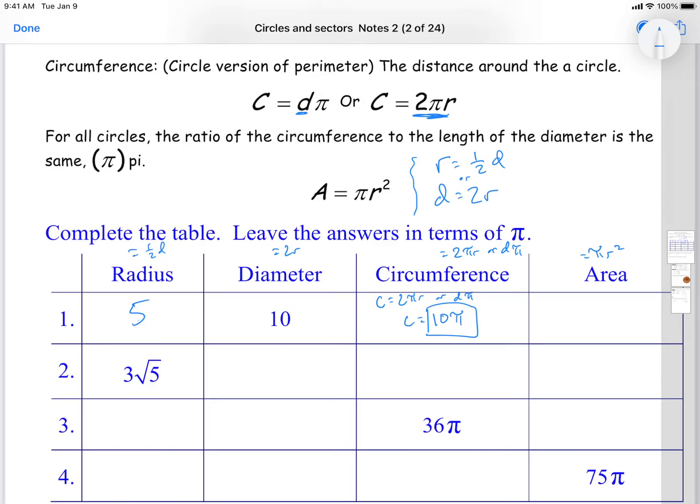Yeah, so it's pi r squared, okay? So this would be pi r squared, which is equal to pi times 5 squared. And 5 squared is 25, so this equals 25 pi. Again, we're leaving it in terms of pi. I don't need to calculate that part out, okay? And so that's my area.